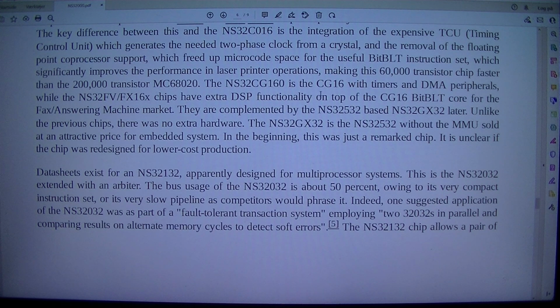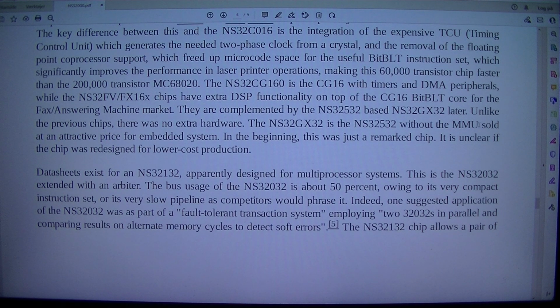The NS32CG160 is the CG16 with timers and DMA peripherals, while the NS32FV/FX16X chips have extra DSP functionality on top of the CG16 BitBLT core for the fax/answering machine market. They are complemented by the NS32532-based NS32GX32 later.